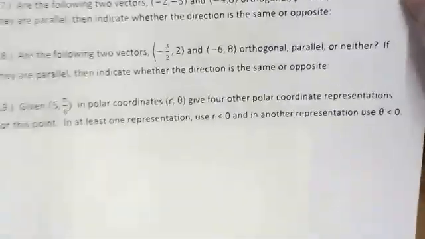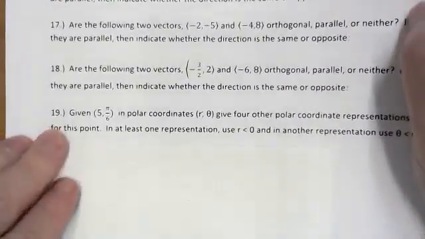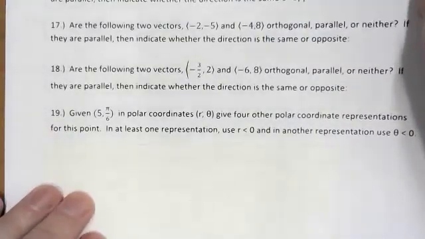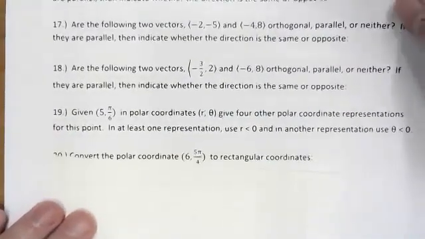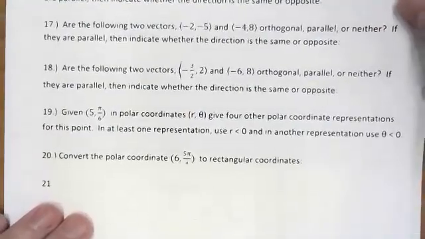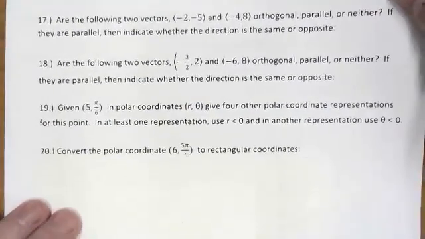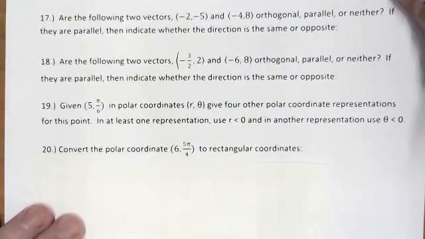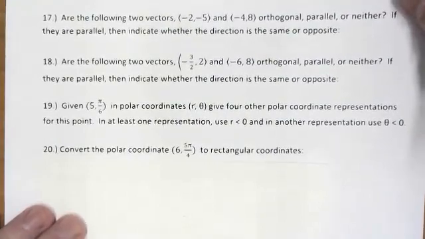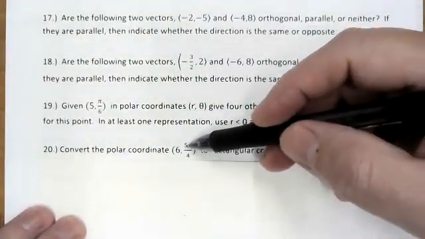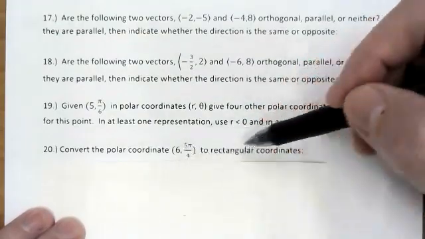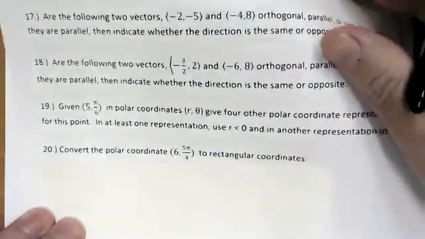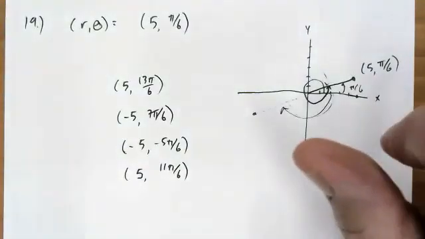So now the last 2 problems are going back and forth between rectangular coordinates and polar coordinates. Rectangular coordinates are like x and y, how you define a point with x and y, and polar coordinates are r theta. So here's our polar coordinate, 6, 5 pi over 4, and we want to convert that to x and y.